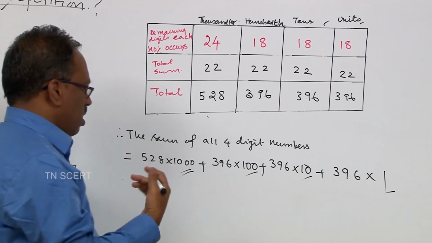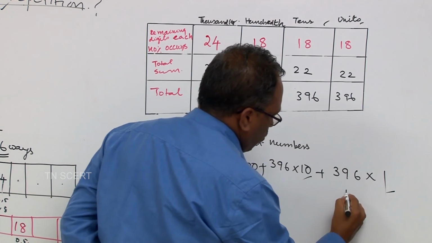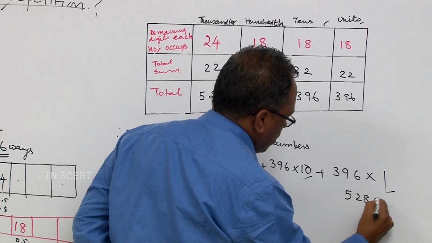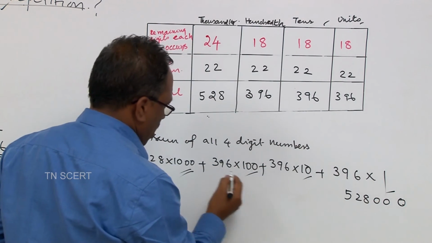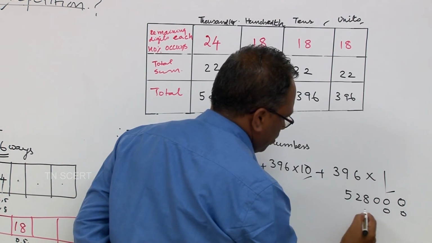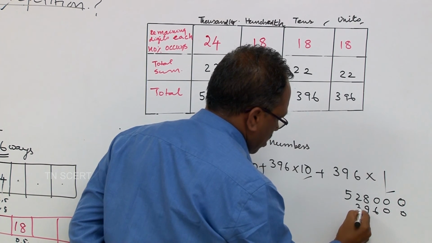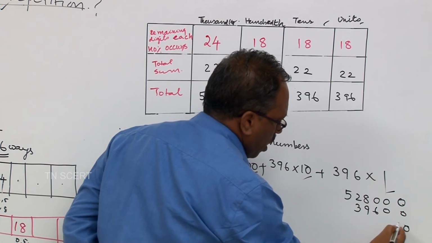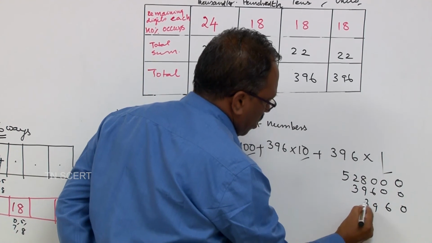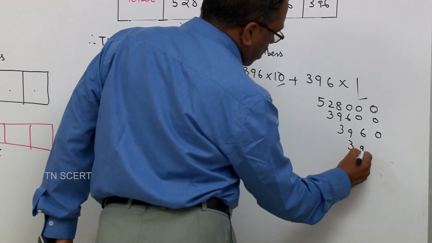Now let us calculate this. 528000, then 39600, then 3960, and 396 here.